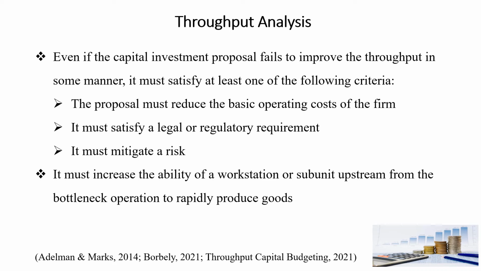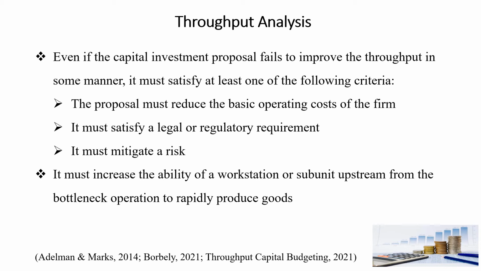However, even if the capital investment proposal fails to improve the throughput in some manner, it must satisfy at least one of the following criteria to meet capital budgeting decision-making criteria. One, the proposal must reduce the basic operating costs of the organization. Two, it must satisfy a legal or regulatory requirement.